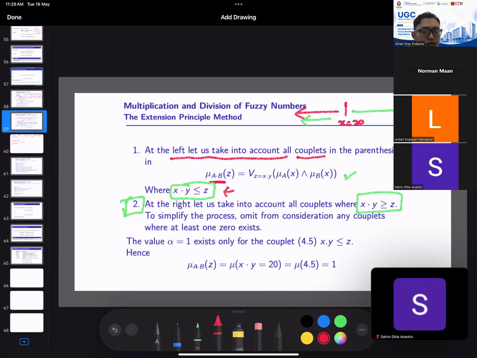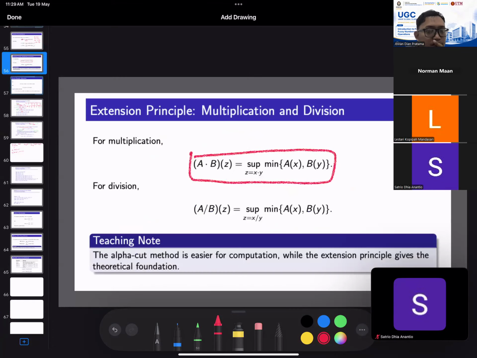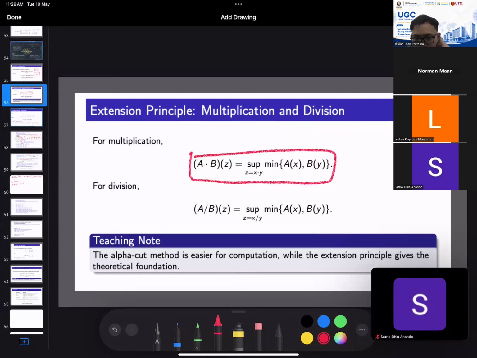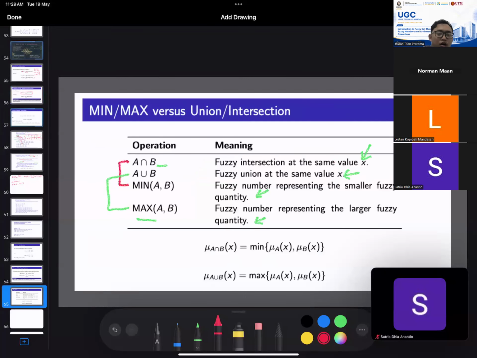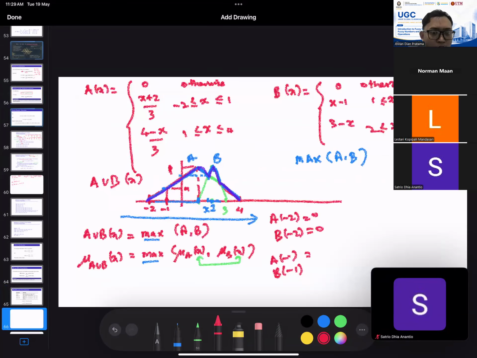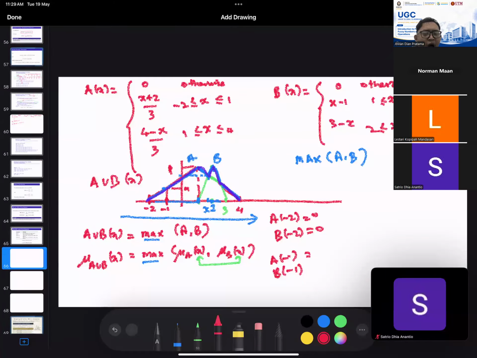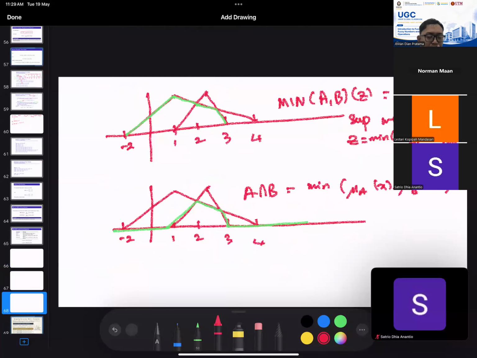You see the formula is still supremum, minimum, A(x), B(y).